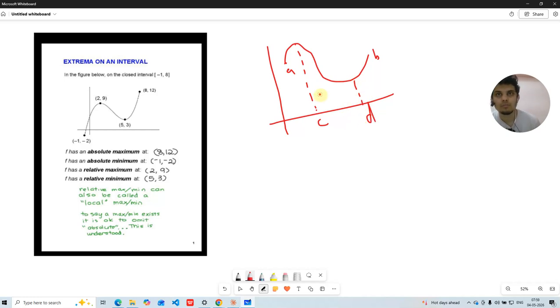Here we are calling them c1 and c2, by the way. c1 and c2 belong to [a, b].